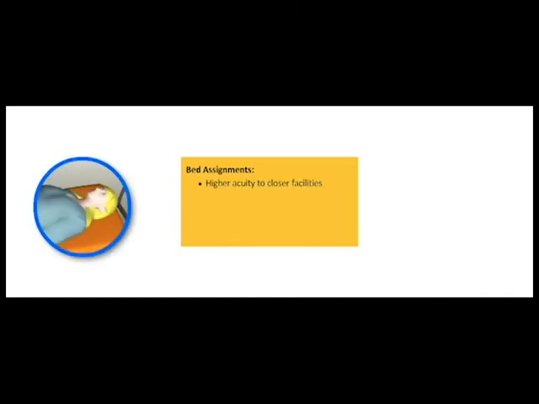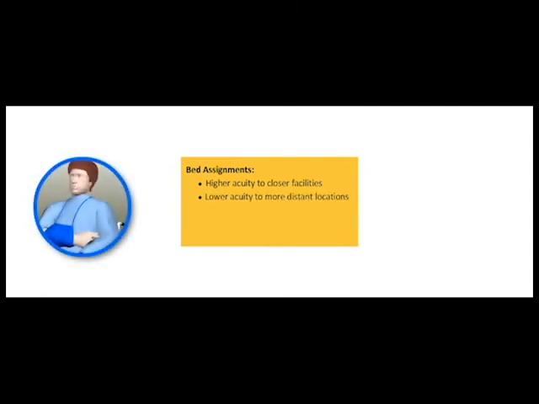Patients are generally assigned to beds in the following manner. Patients are sent to the closest, most appropriate bed where the level of care they require can be maintained. Patients with higher acuity are sent to closer facilities, thus reducing travel time and expediting turnaround of advanced life support ambulances.